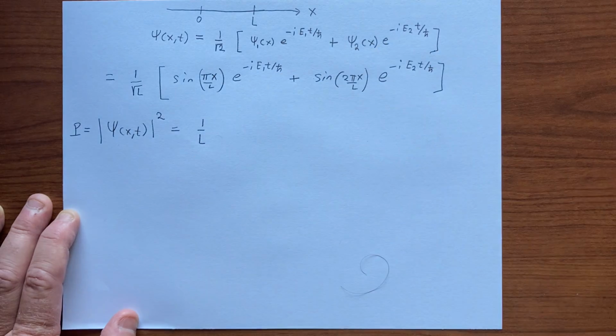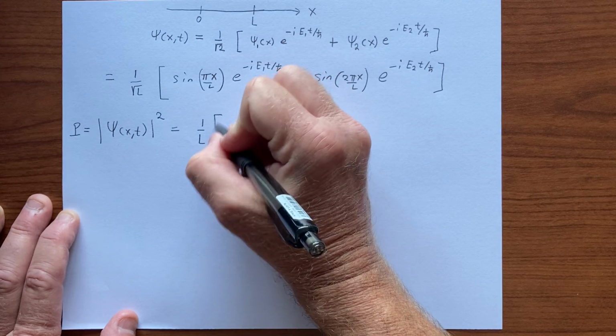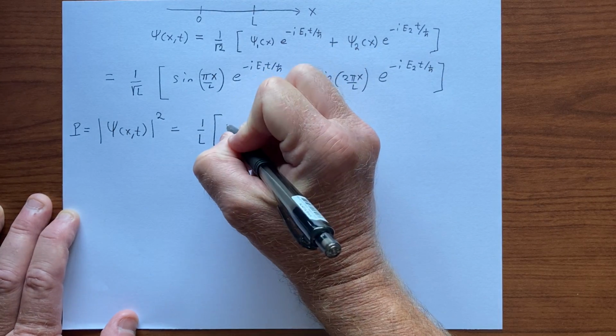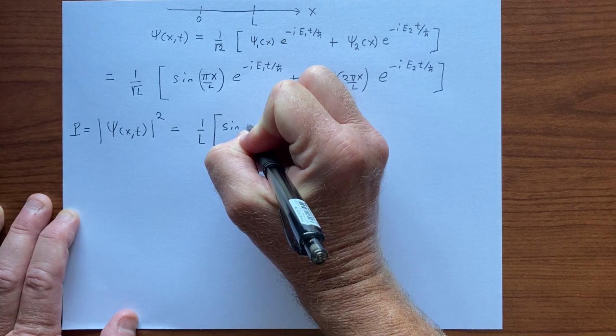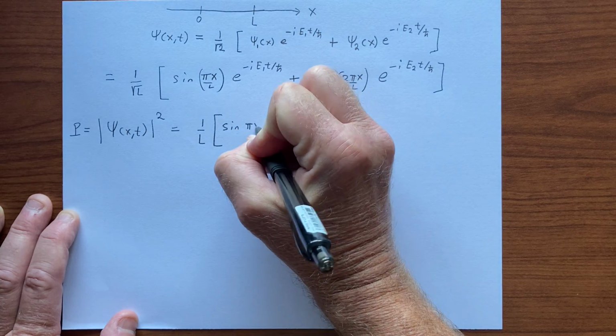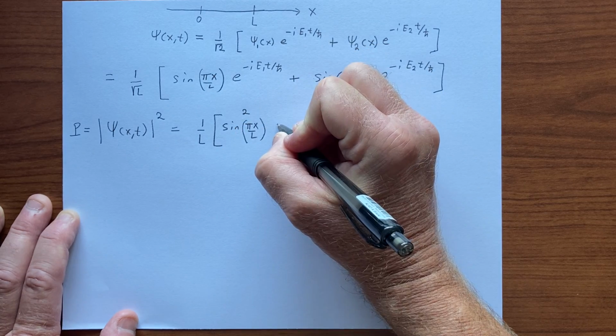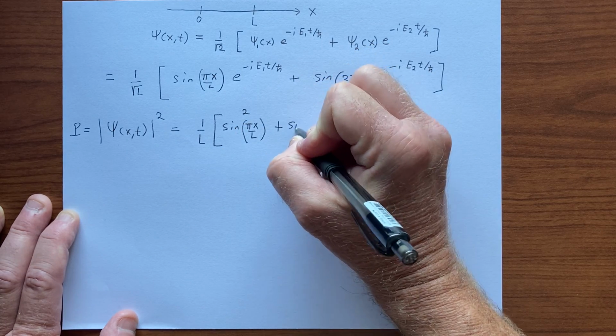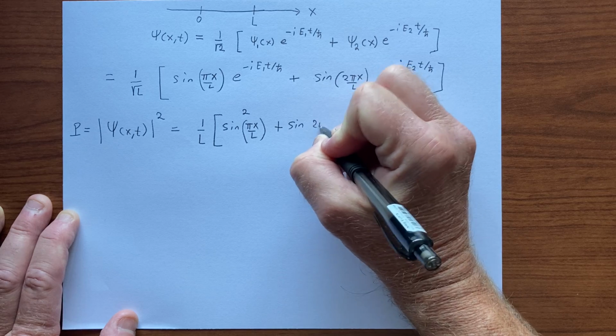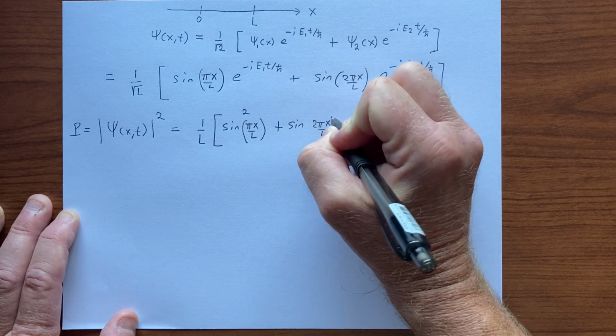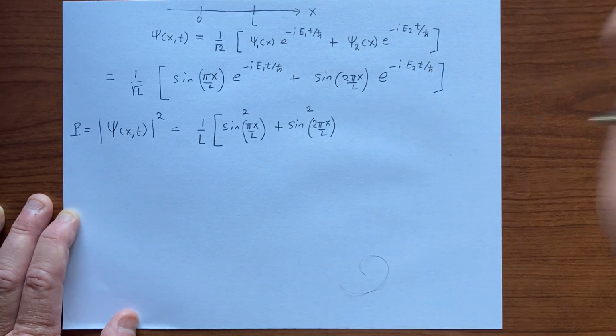So we have 1 over L times sine of pi x over L squared plus sine of 2 pi x over L squared, right?